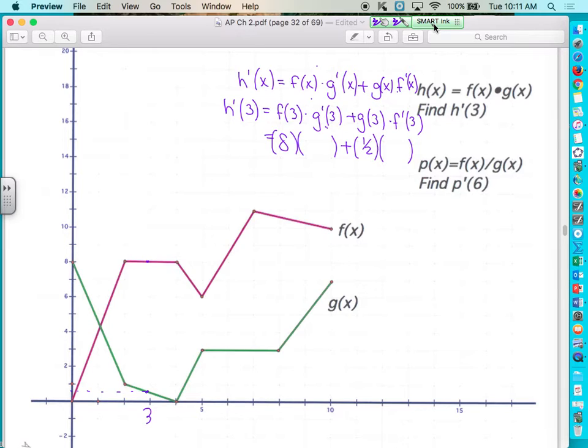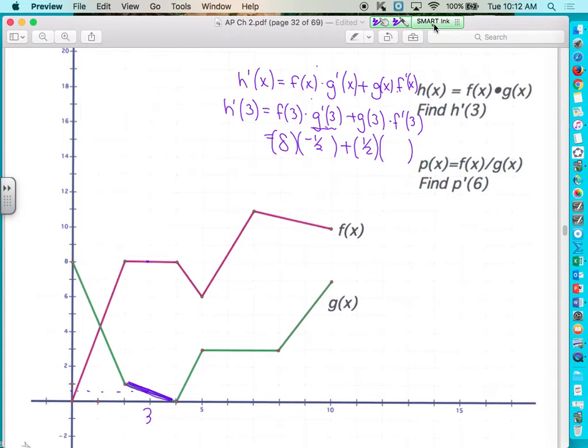G prime of 3, f prime of 3, that's the derivative. So if you're looking at this graph at 3, when they say g prime of 3 in this term, they want the slope for this line at 3, and that's my graph of g. So the slope for that graph, let's see, it went down 1 and to the right 2. So its slope is negative 1/2.